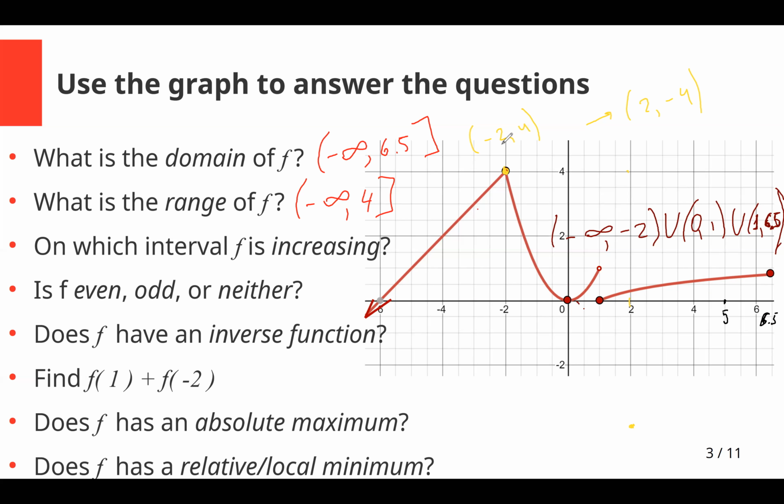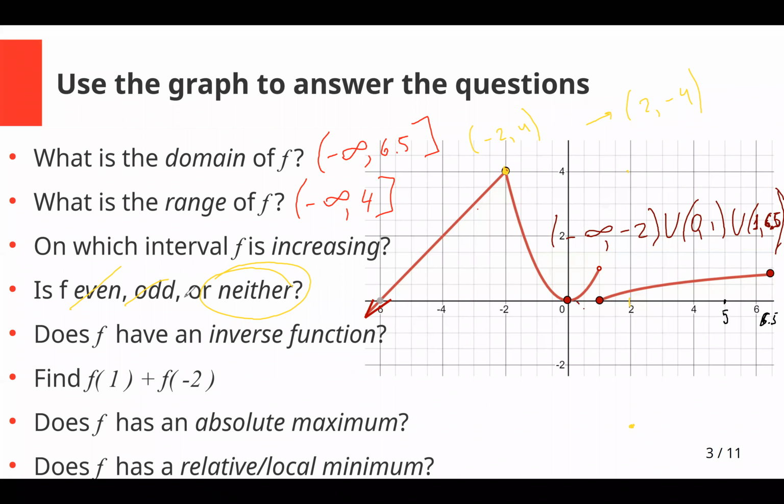The inverse? Inverse, exactly, excellent. The inverse function, yes. So if I have two graphs of the function and of the supposedly inverse of it, that's how I check. I flip the coordinates, exactly, yes. Wonderful, okay. So it's not even, it's not odd, so therefore it is neither, right?